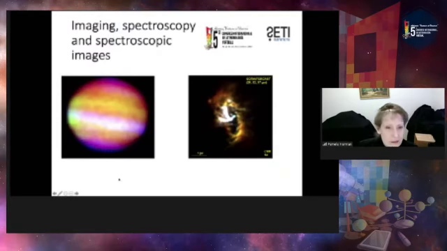So in infrared astronomy, there's imaging, spectroscopy, and spectroscopic images. You may not recognize this image, but this is Jupiter. And this was the first light image captured with one of the SOFIA instruments. And if we didn't study Jupiter in infrared, we would not see this white band.